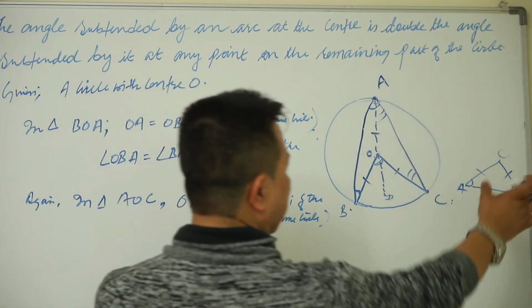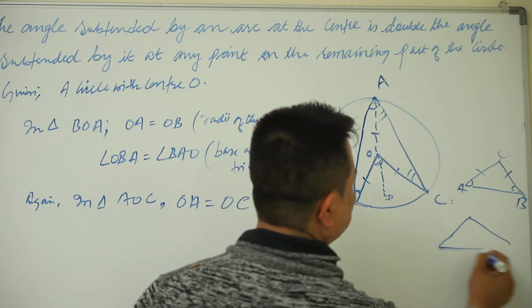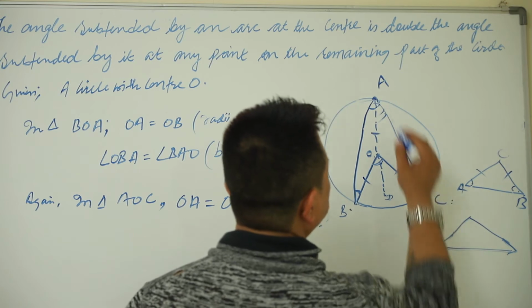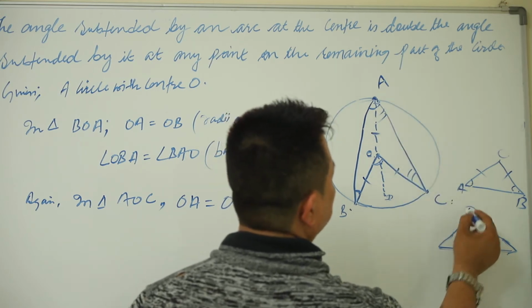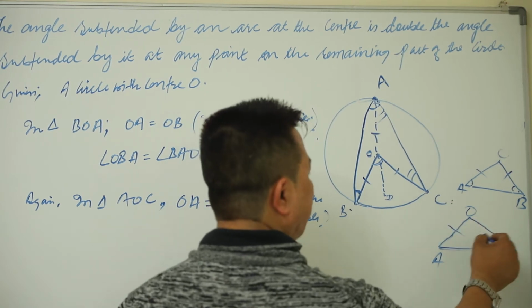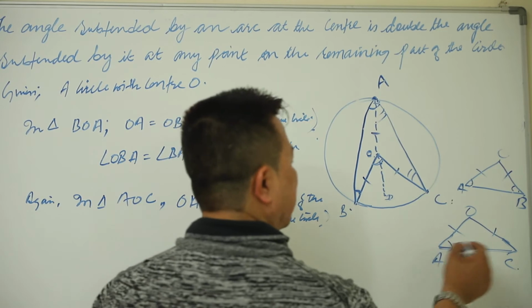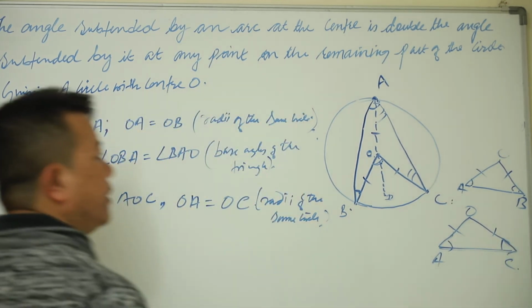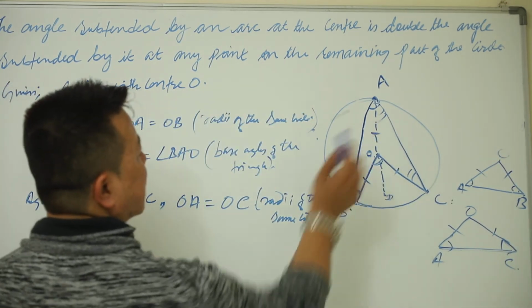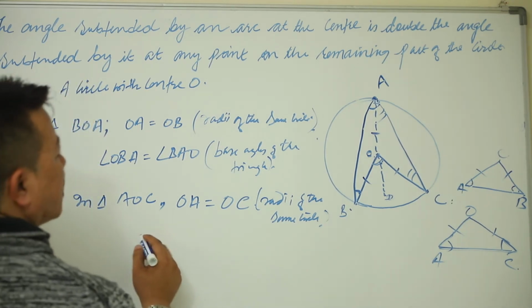So I will take out this diagram. The triangle is also in this form, AOC. O, A and C. So as I told you, if two sides are equal, then their base angles are equal. So this angle and this angle are equal. Similarly here, this angle and this angle are equal. So what you have to write?